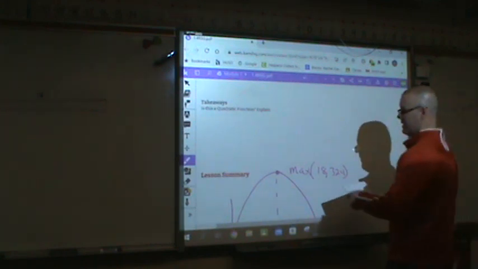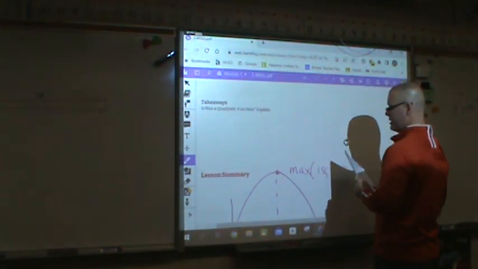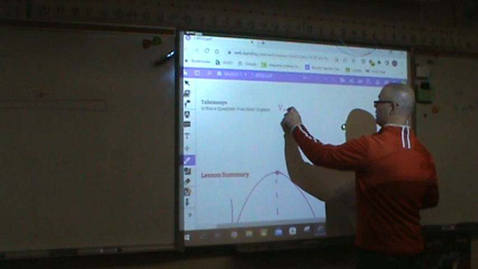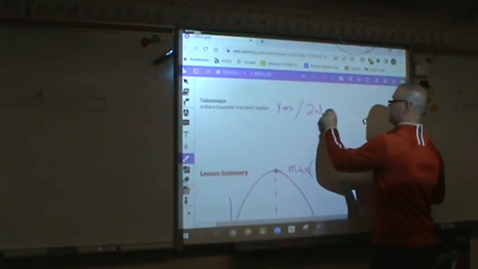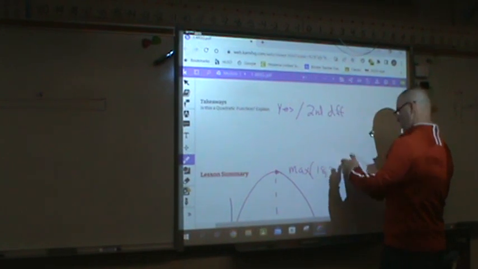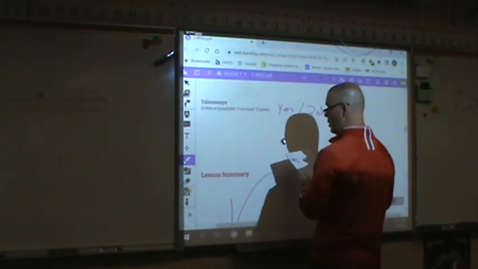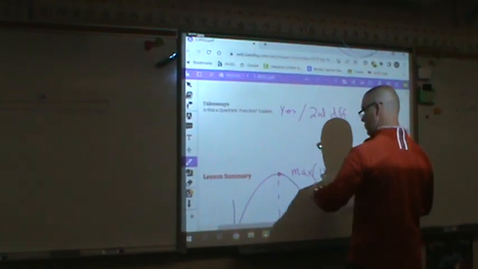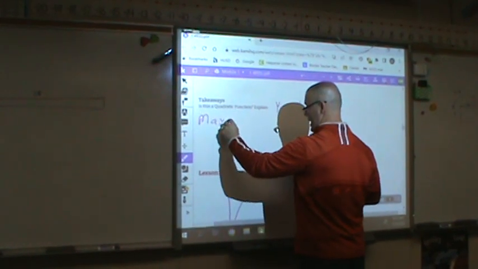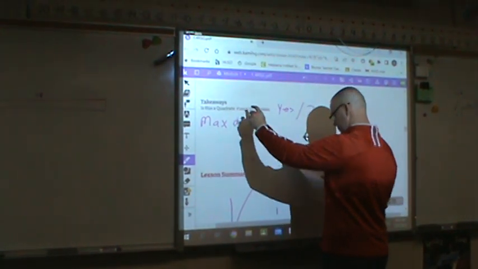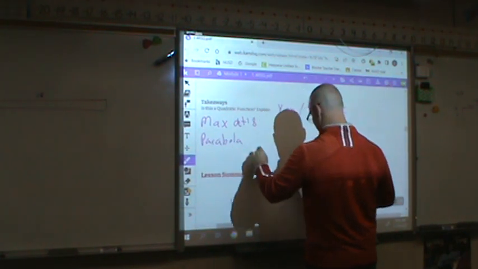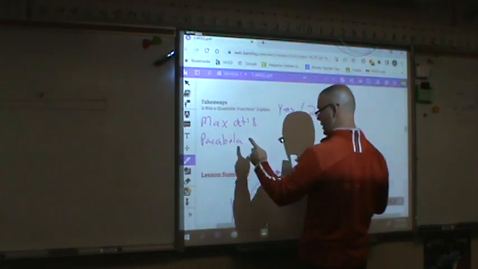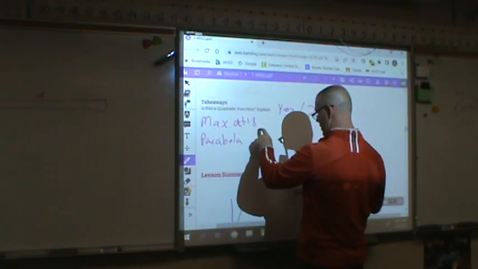Is this a quadratic function? Yes. And why? Second differences. All right. What other notables are there? We have a max at 18. It's a parabola. Okay. Let's just do a max.